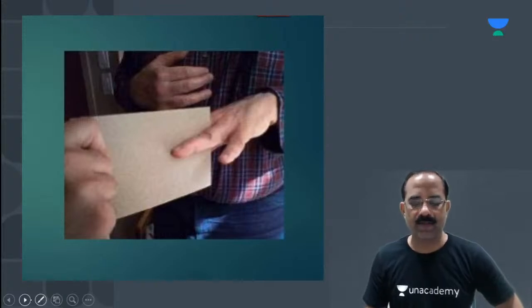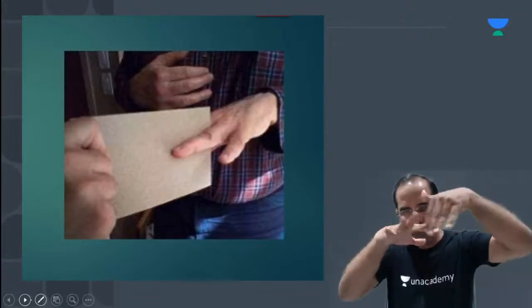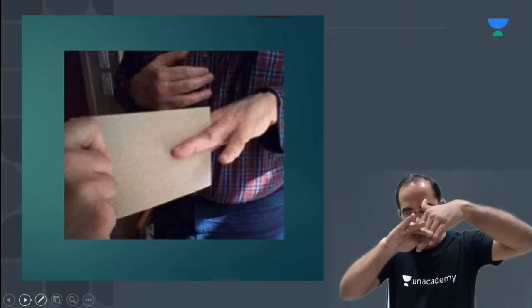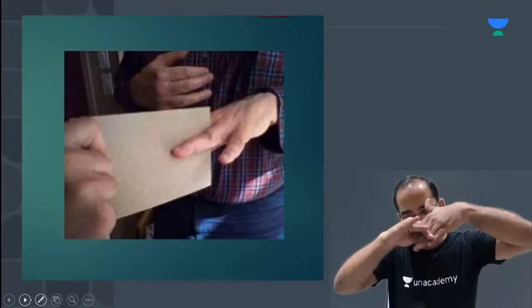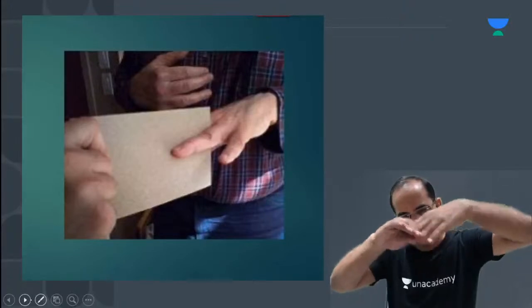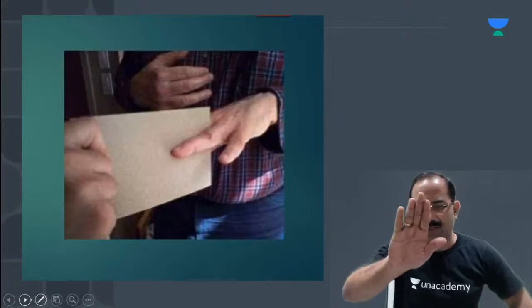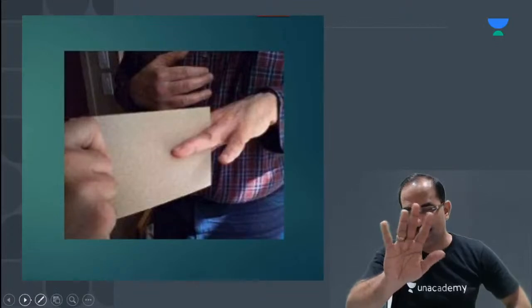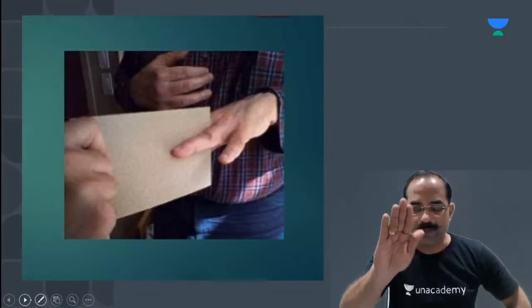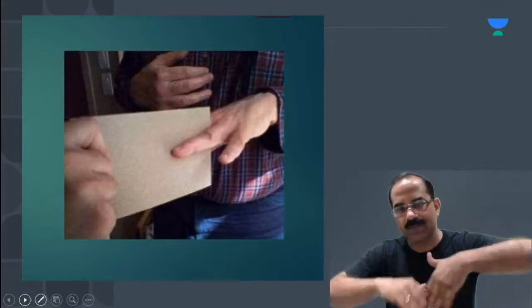You tell the person to hold a piece of paper between the fingers, and you try to pull the paper apart. So what is this action of the fingers? Adduction. So what muscle are we testing? Which is the muscle which does adduction of the fingers? The palmar interossei. Palmar interossei does adduction of the fingers, and this test is known as the paper test.